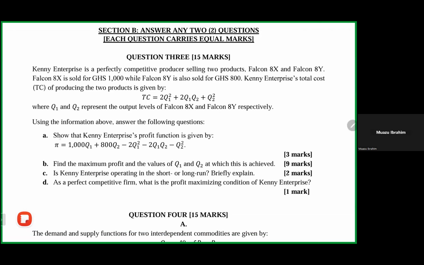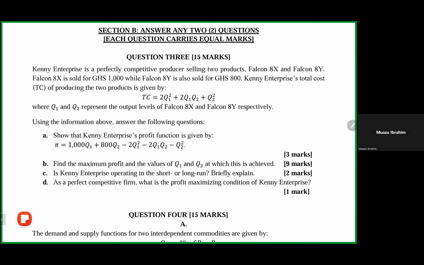Using the information above, answer the following questions. So they are saying we should show that Kenny Enterprise's profit function is given by 1,000 Q1 plus 800 Q2 minus this one. So you should find the profit function. The next is find the maximum profit and the values of Q1 and Q2 at which this is achieved. Is Kenny Enterprise operating in the short or the long run?